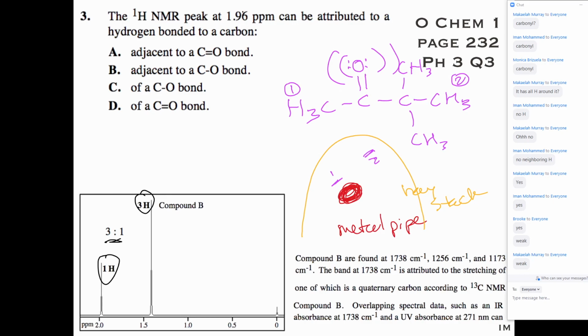Same thing with this. So these H's on this carbon go 1 carbon away, no H's attached, 0 plus 1, singlet. These H's are all equivalent because CH3s are all in the same group. So again, 1 carbon away, no H's, they're going to be a singlet. How many are okay with this one then?